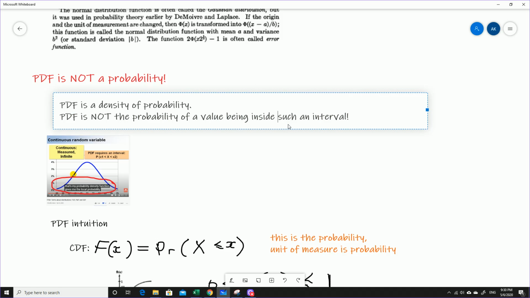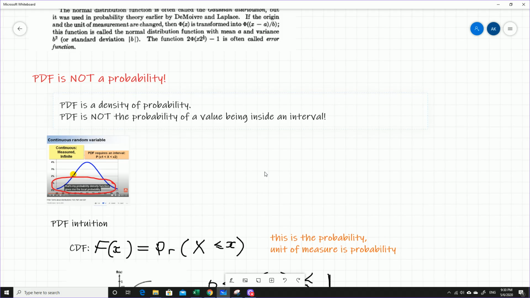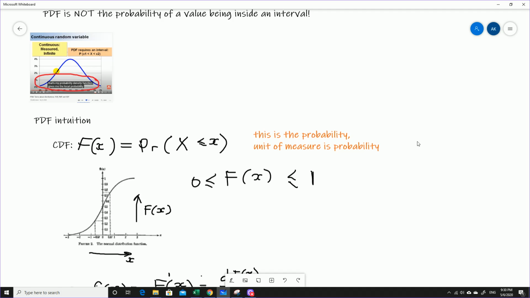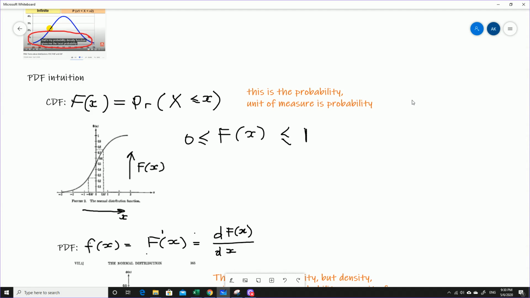Okay, so let me correct this very quickly. The probability of a value being inside an interval. Let's look at the intuition of PDF. Again, I'm assuming you studied PDF, but let's refresh the intuition. There are several ways of defining PDF, and here I'm starting from CDF to emphasize the difference. CDF is a cumulative distribution function, or as Feller calls it, distribution function. Often it's denoted by big F, sometimes Greek F, so F as a function of x.